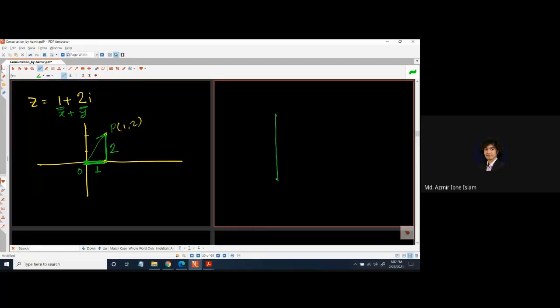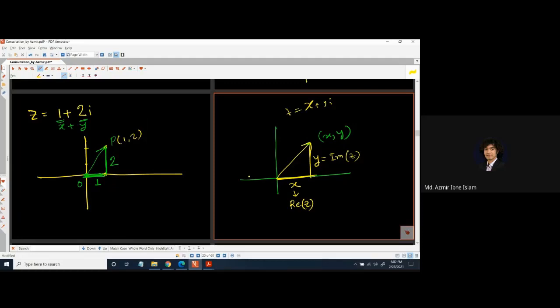That means if we have a point (x, y), that point is representing a complex number x plus yi. The horizontal distance is x and the vertical distance to the point is y. So this distance is known as the real part of z, and the vertical distance y is known as the imaginary part of z. So this is the geometrical interpretation of the rectangular form.